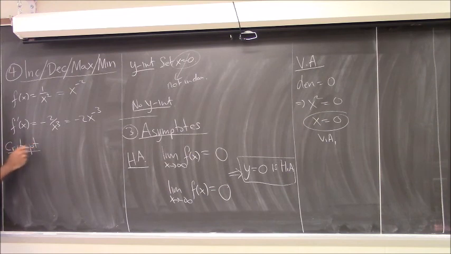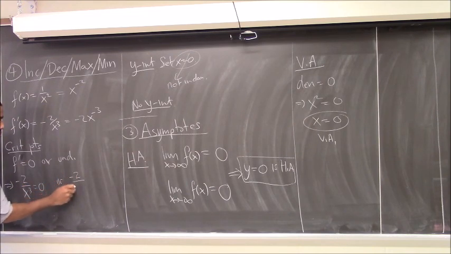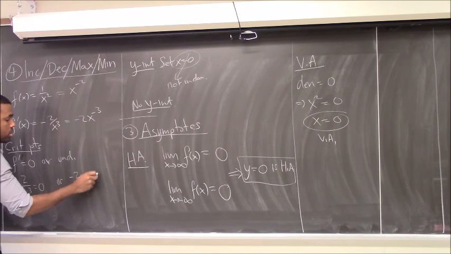I want to do the first derivative test, so I'm going to locate the critical points. For critical points, your f prime equals 0 or undefined. This means minus 2 over x cubed equals 0, or minus 2 over x cubed is undefined.